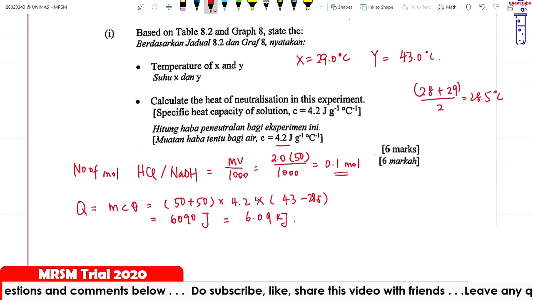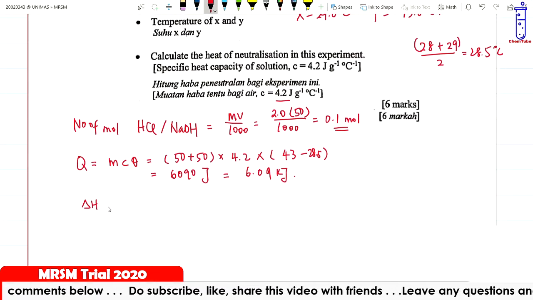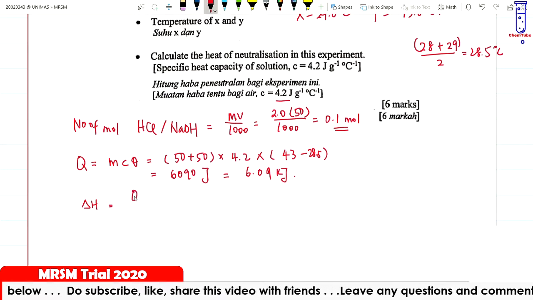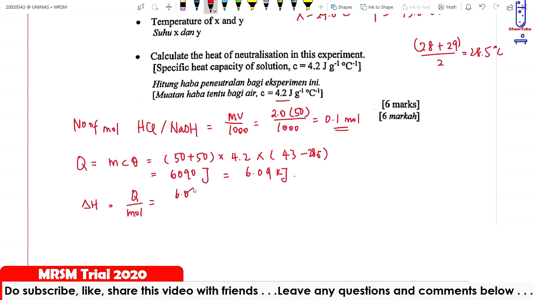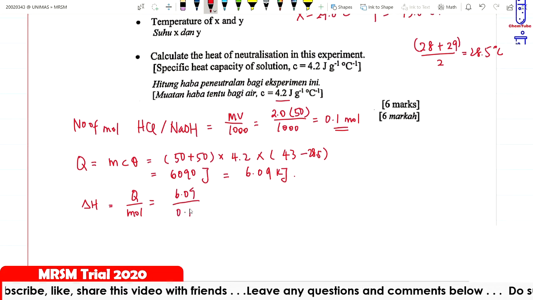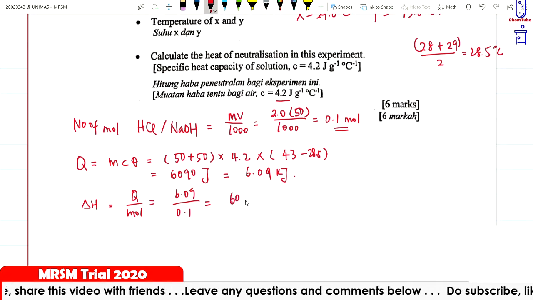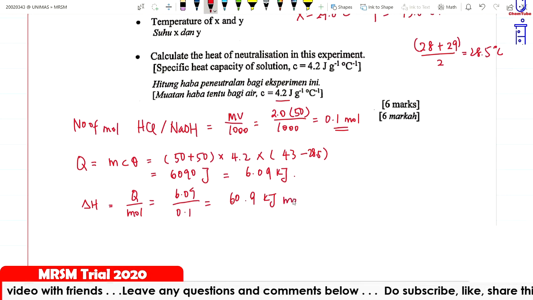After that we can calculate the delta H, heat of neutralization. It will be Q over the mole. Q is 6.09 over 0.1, so it will be 60.9 kilojoule per mole.